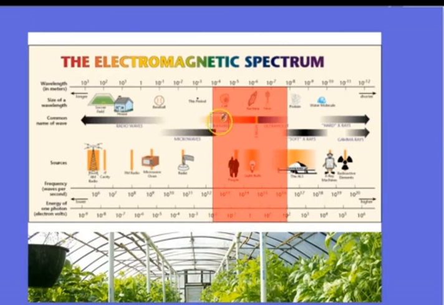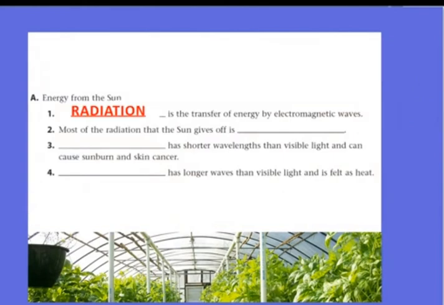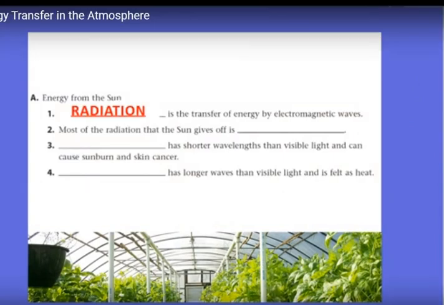In this range is the infrared, the visible spectrum, and the ultraviolet. Within the visible spectrum, of course, we see the colors red, orange, yellow, green, blue, indigo, and violet, ROY G. BIV. Below red on the visible spectrum is infrared, which is right here, and faster than violet is ultraviolet. So that's what we're talking about right there.